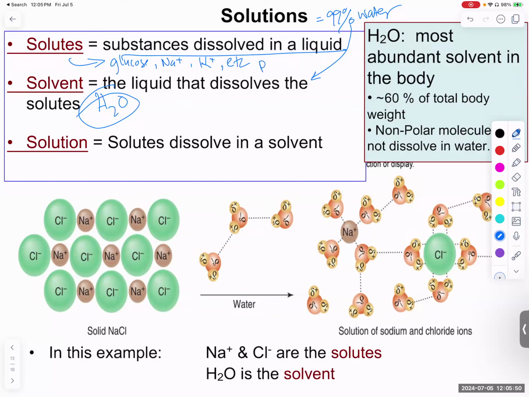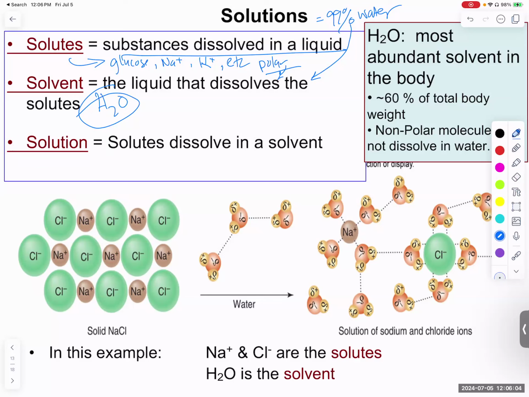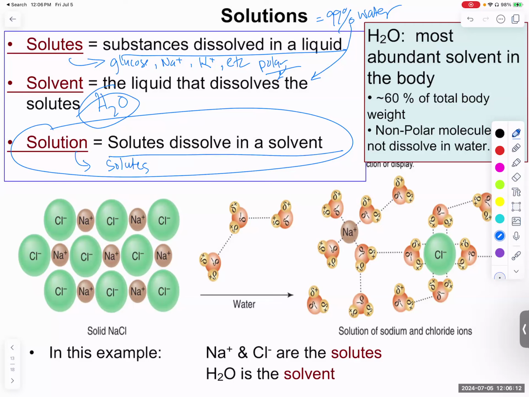They tend to be polar molecules. Why? Because if they were nonpolar, they would not dissolve. So only polar dissolves in a solvent. And when you have a solvent and solutes, it becomes a solution. So a solution is solutes dissolved in solvent.